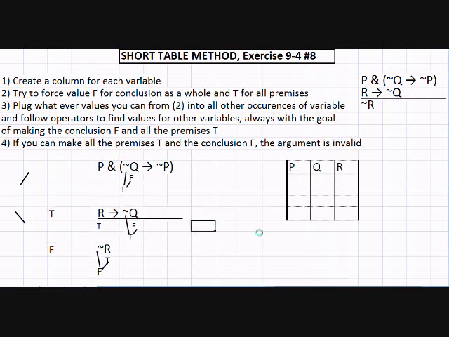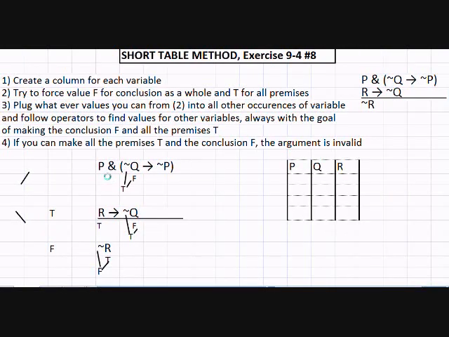Since we plugged in the value F for Q and Q's been negated, the resultant value for not Q would be T. What we have here in the parentheses is a conditional, and the entire statement is a conjunction. So since we want to make the entire statement to be true, and it is a conjunction, both conjuncts are going to have to be true. This conjunct that we've been working on is a conditional.